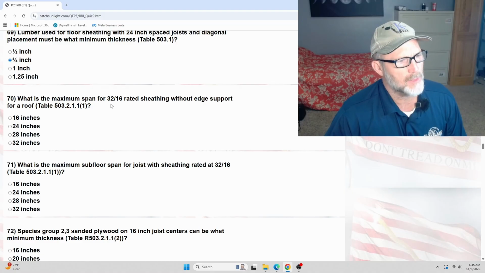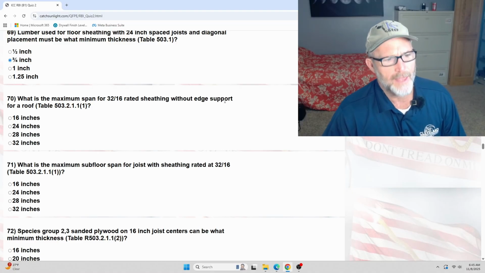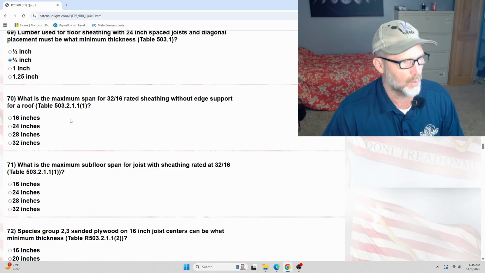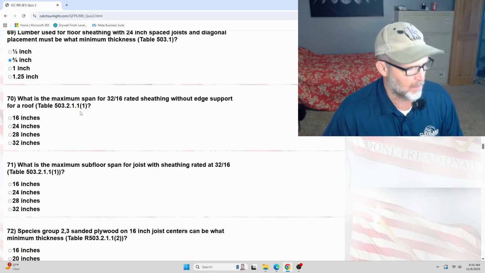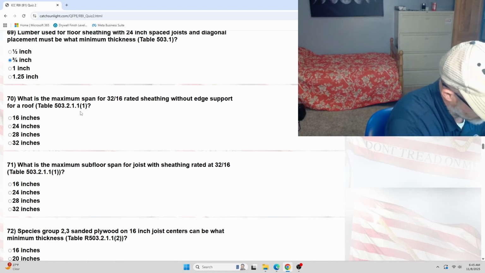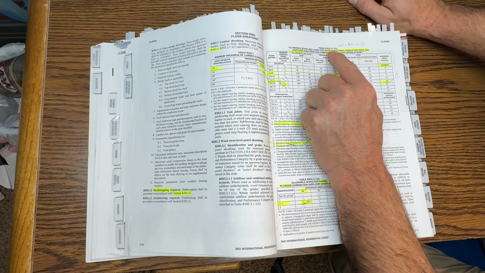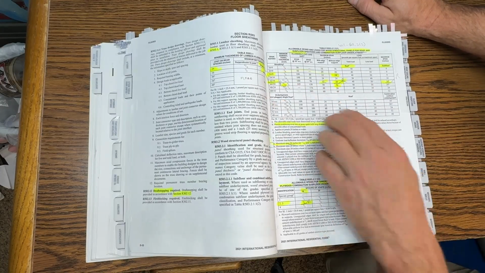What is the maximum span for 32/16 rated sheathing without edge support for a roof? Table R503.2.1.1 parenthesis 1. Let's go ahead and jump over and take a look at that. So table R503.2.1.1 parenthesis 1 says the following.